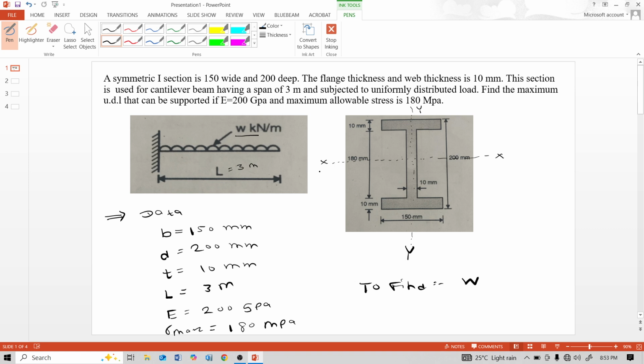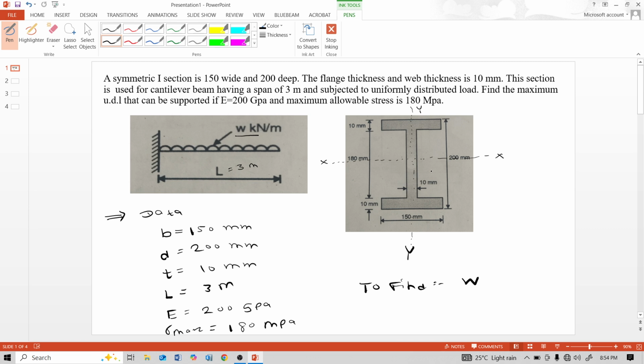So for this numerical, the solving steps are: first calculate the position of the neutral axis, second calculate the moment of inertia for this I section, third calculate the moment of resistance with the help of the flexure formula.